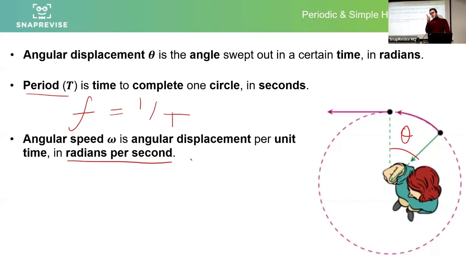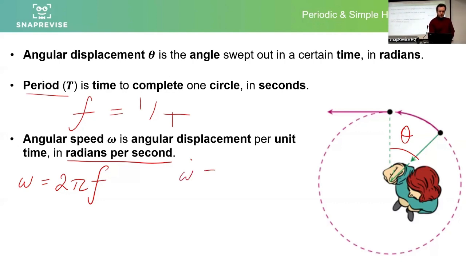Well, you're doing 2 pi and 2 pi and 2 pi, so you're doing 6 pi radians per second. How did we get that calculation? We simply multiplied the frequency by how many radians there are per revolution, 2 pi. So if you're ever given the frequency of circular motion, you can work out the angular speed by multiplying it by 2 pi, the amount of radians in 1 revolution.